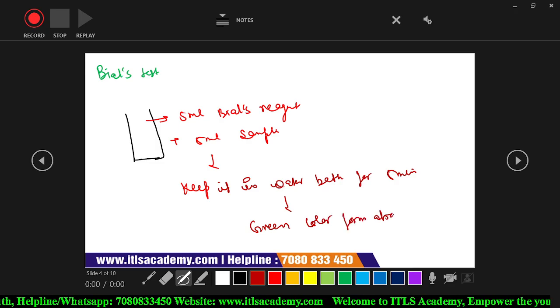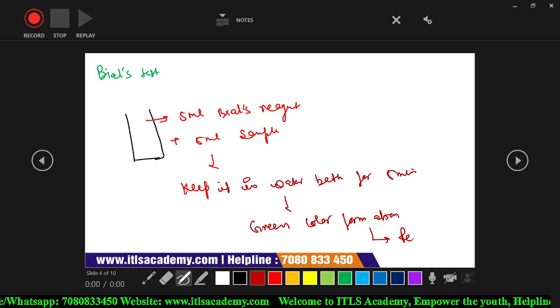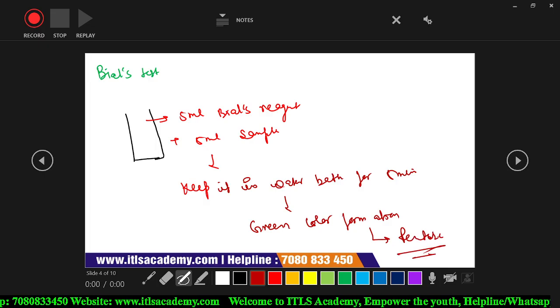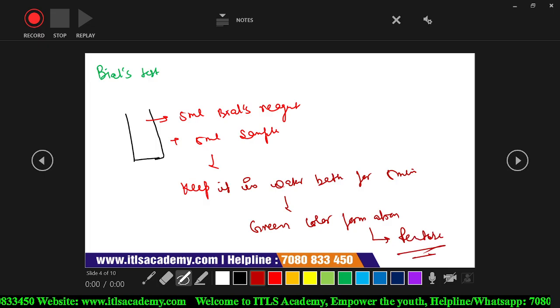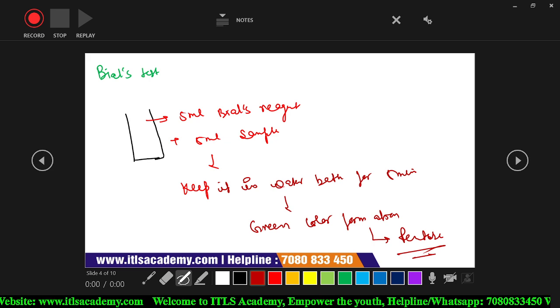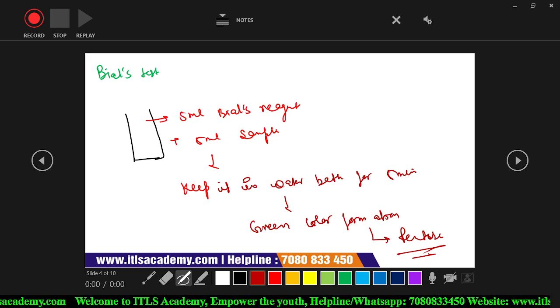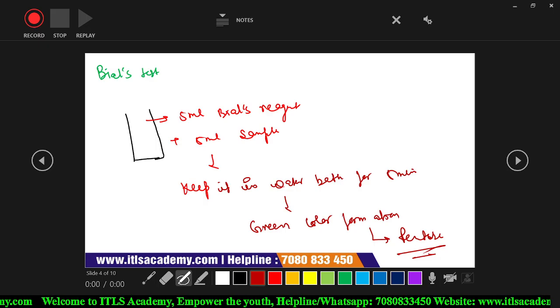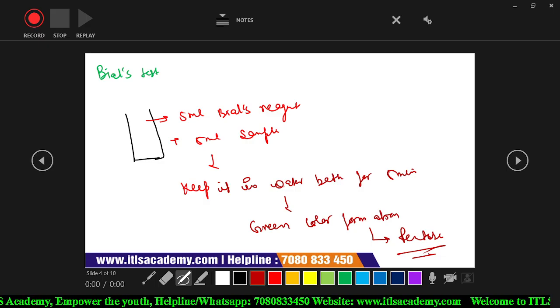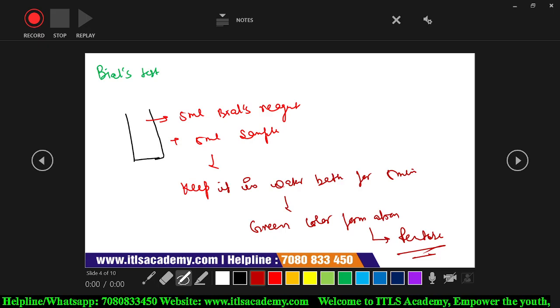This green color formation indicates the presence of the pentose sugar, and the remaining tests are similar. Clear? Only when the pentose sugar is present, the hexose sugar is absent. So it gives the negative Seliwanoff's test, but it gives the positive reducing sugar and monosaccharide test. Clear?